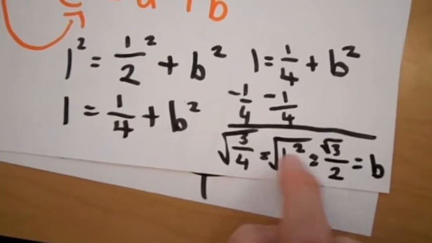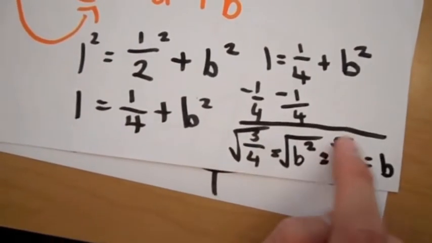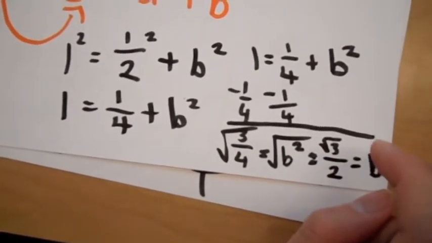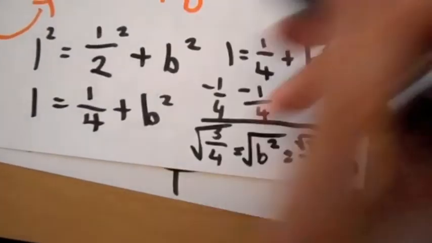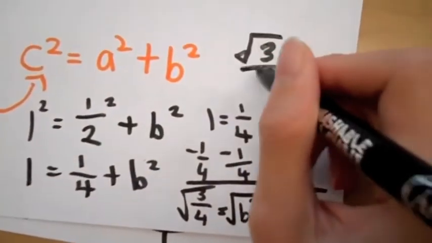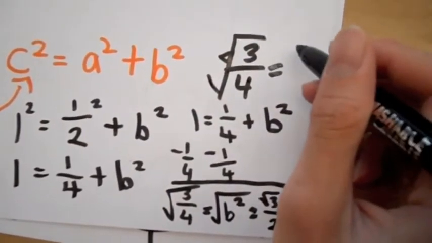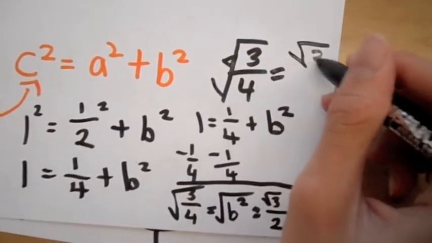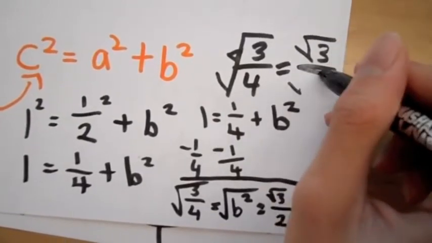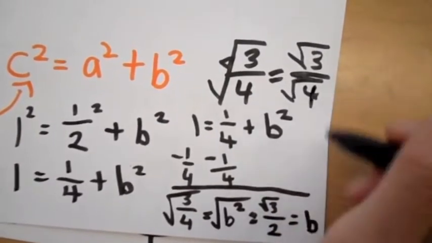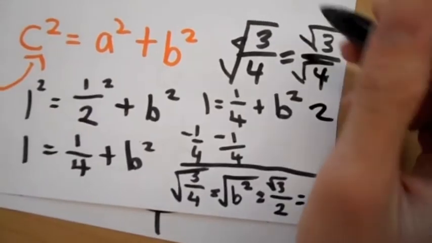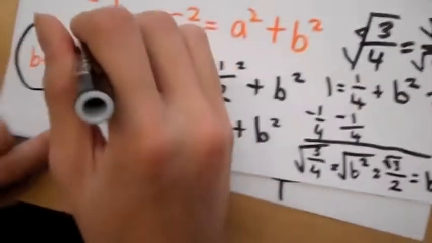Now you square root both sides, and you get the square root of 3/4. Then that will just equal square root 3 over square root of 4, and the square root of 4 is 2. So here's your answer for this side.